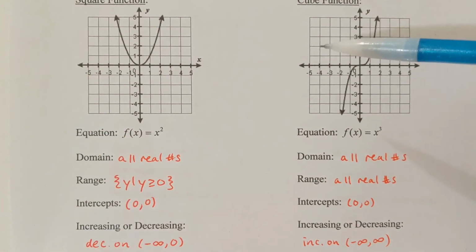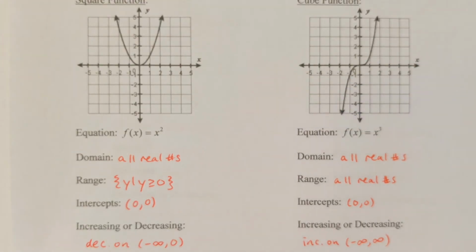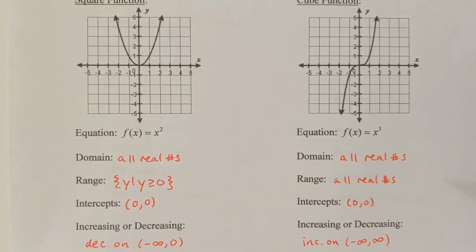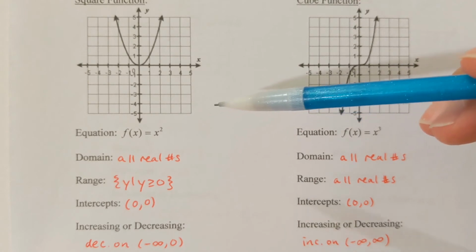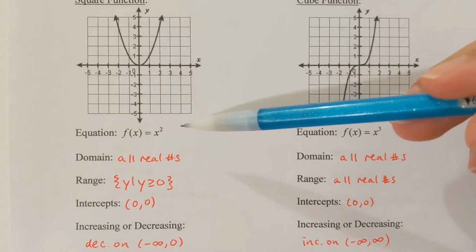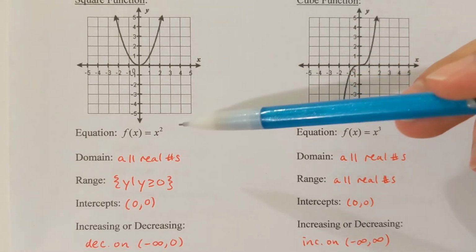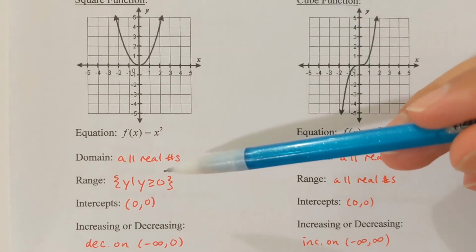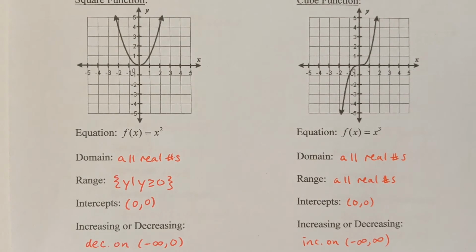Okay. The next one is the square function. F of x equals x squared is the equation, and the domain is all real numbers. Okay, I can square any number I want, is the way to look at it. The range is all positive numbers. 0 is fine also.